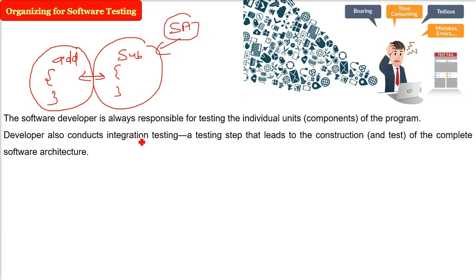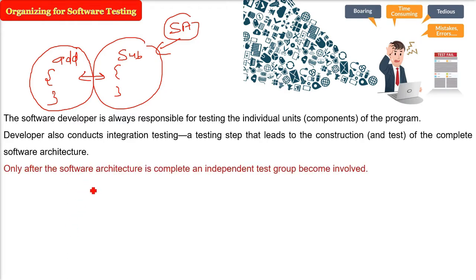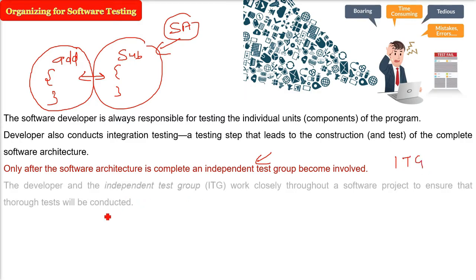Component testing is unit testing, combined component testing is integration testing. But once this testing is complete, then only an independent test group or some quality team, QA, QC will come. So the developer and the ITG, the independent test group, would work closely throughout the software project because they want to ensure that thorough testing has been done or will be conducted.